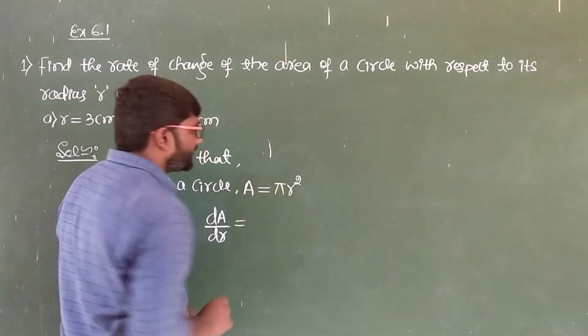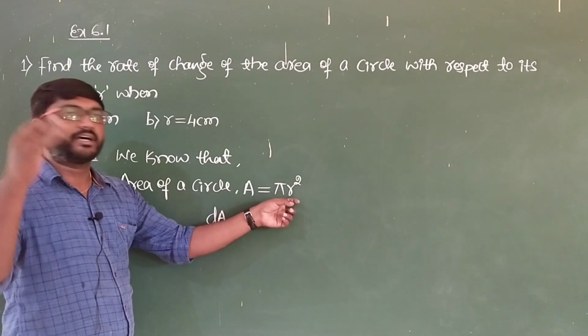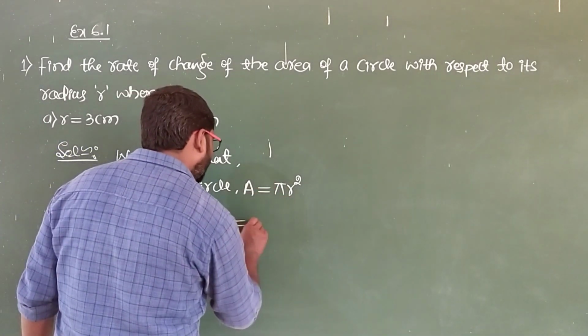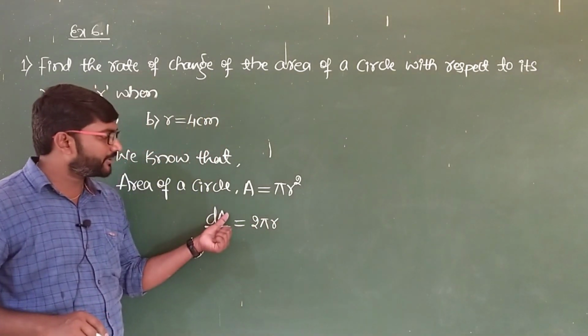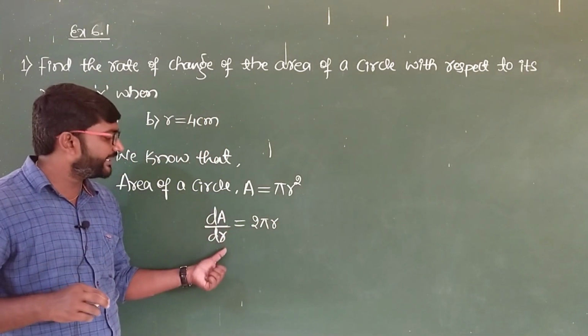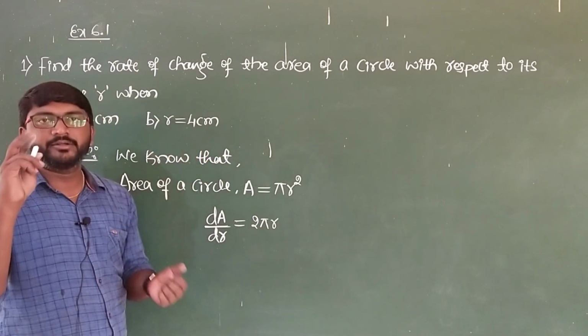Pi is a constant, derivative of r square with respect to r will be 2r. So overall we get 2 pi r. So here it is a rate of change of the area with respect to its radius, that is 2 pi r. Now I will have to take both the cases.